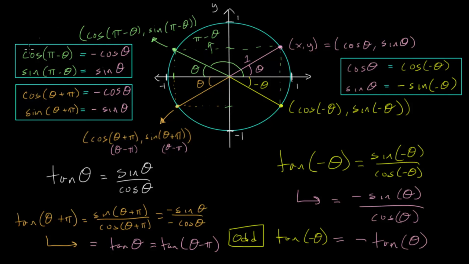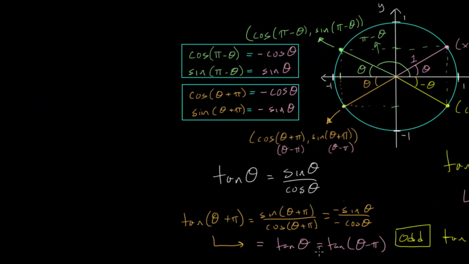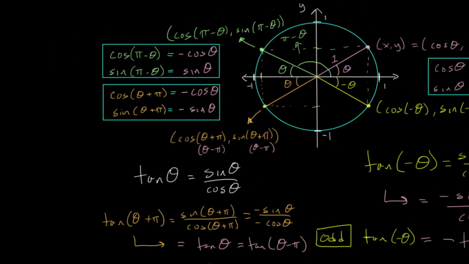And the last one we want to look at is this relationship here where we have an angle of pi minus theta. And another way to look at this angle is that we start at negative theta and then add pi radians to that to get to this point over here. And let me make just a little bit of room so that we can plug in the values we want.